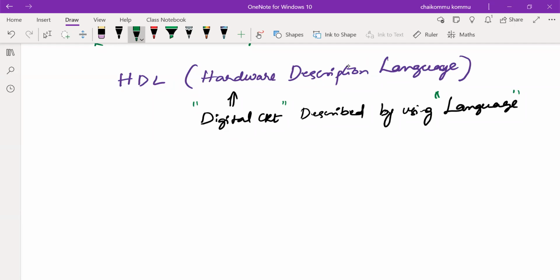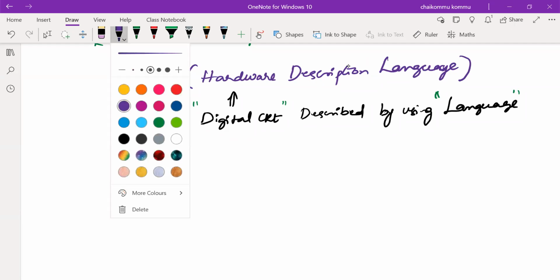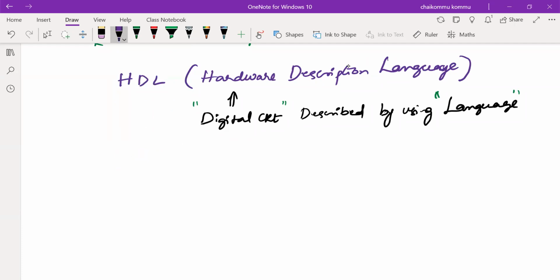Now, if you want to describe any digital circuit, how do we look at the digital circuit? That's an important thing. So the next point to remember here is digital circuit visualization.